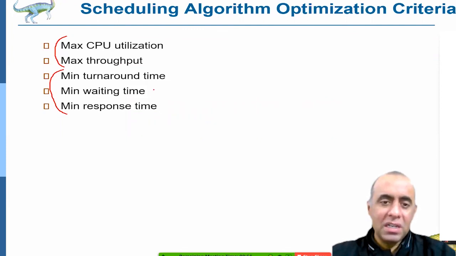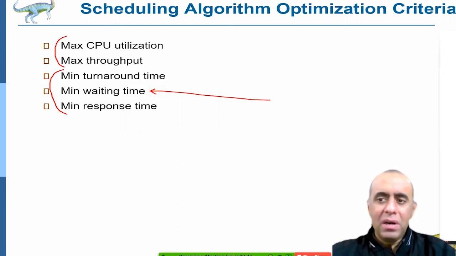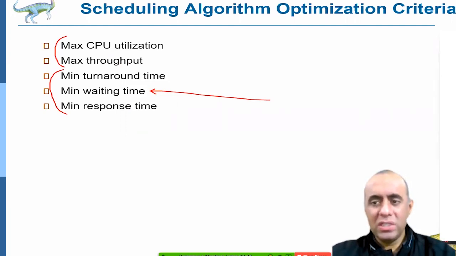But out of all of these five criteria, the actual thing that we can measure is the waiting time, because waiting time is the time between when a process is submitted into the ready queue and when it was taken out of the ready queue and sent to the CPU by the OS. This time can be measured with full accuracy, because it is in the control of the operating system.